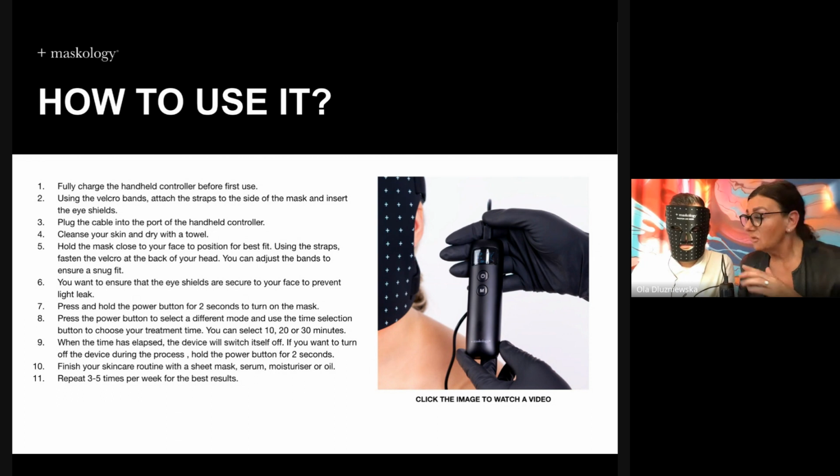But I will show you afterwards, when we take the mask off, a quick way that you can demonstrate to your client that the mask is actually working, and it's qualification for yourselves as well. But basically on the controller panel here, you've got your battery charge, you've got which program it's on, and you've also got your minutes. So lastly, the last light is our purple light. As we know, that's a mixture of the red and blue.